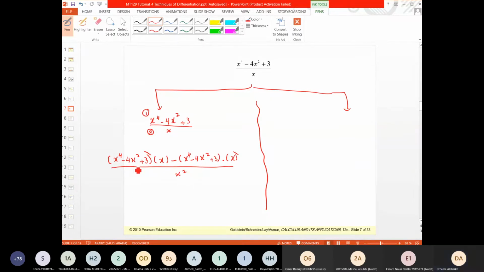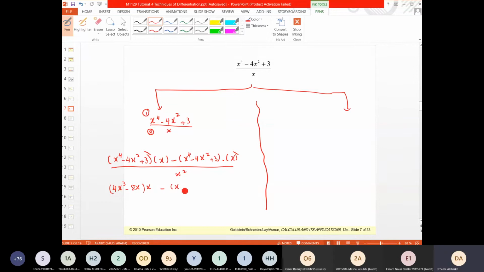Now what's the derivative of x^4 minus 4x squared plus 3? It's 4x^3 minus 8x, multiplied with the x that I have outside.